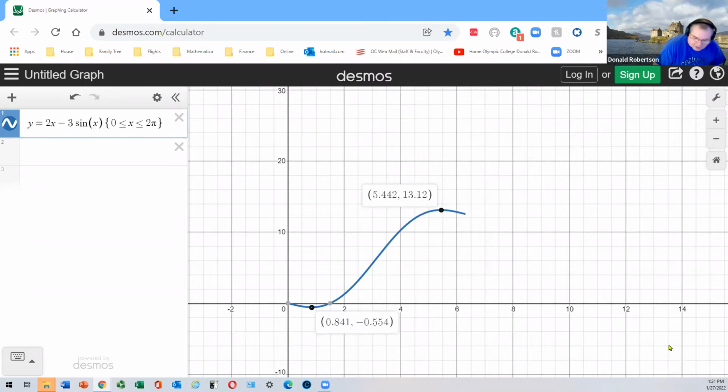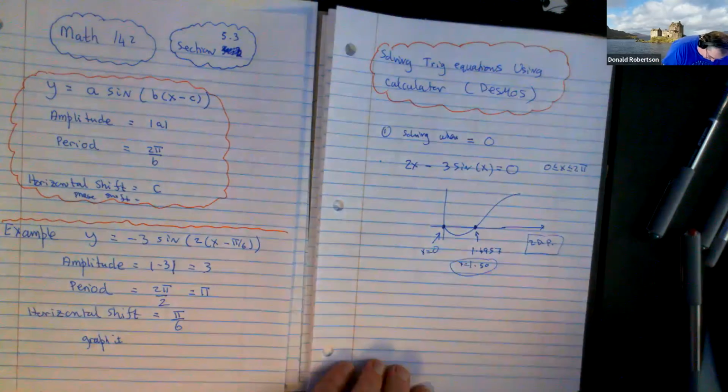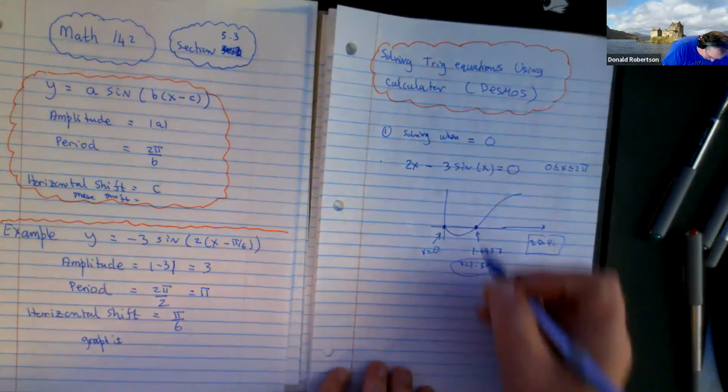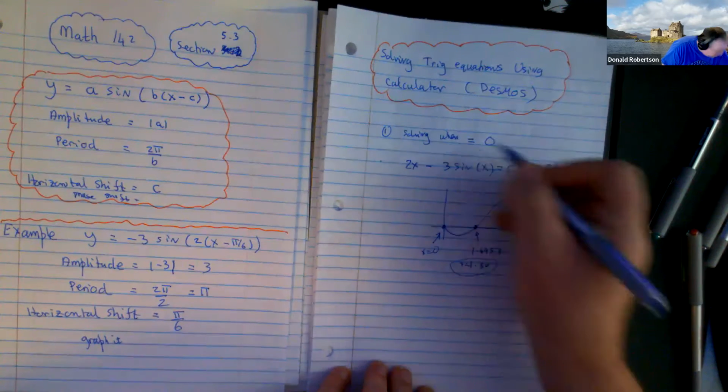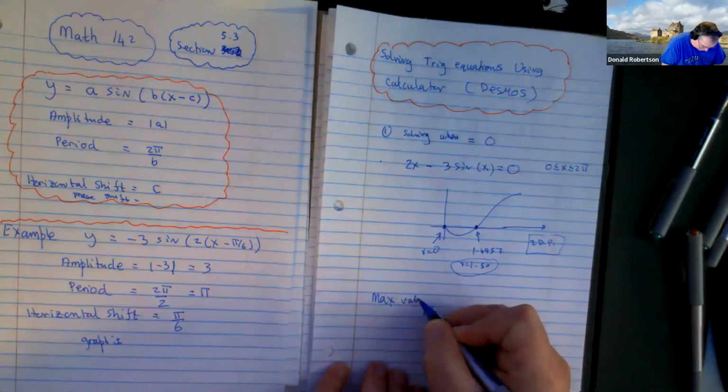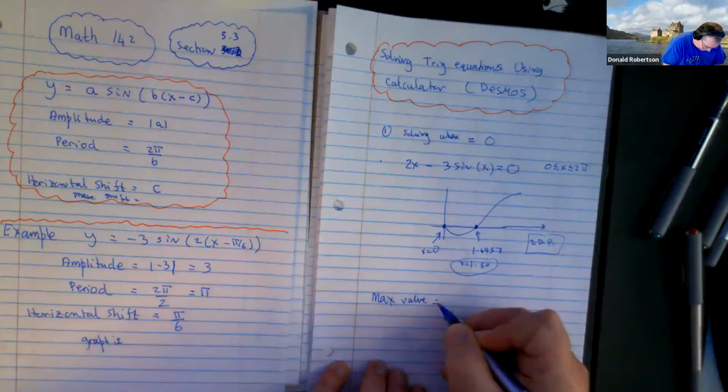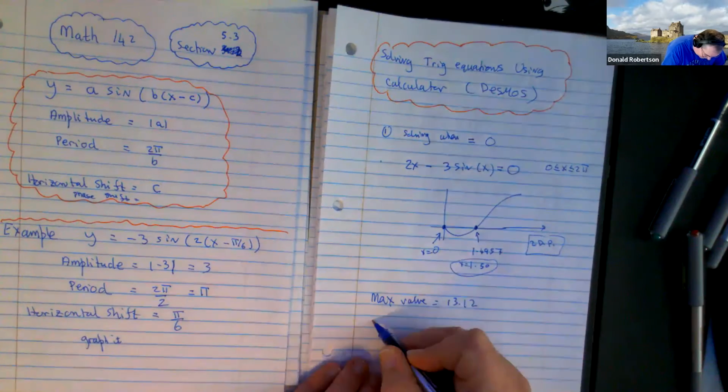So let me go back and show you what that might look like. So instead of solving this equation, another thing they may ask you for is the maximum value, which is 13.12, and that's basically the height here.